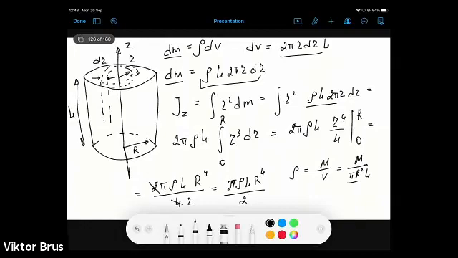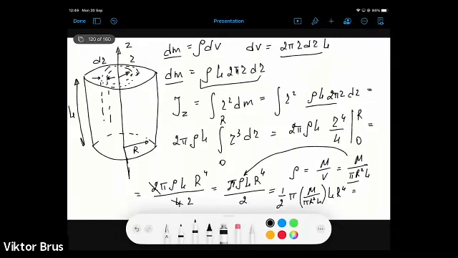If we substitute this instead of rho here, we get 1/2 times pi times the mass of the cylinder divided by pi R squared L, which stands for the density, times the height of the cylinder times R to the fourth power.